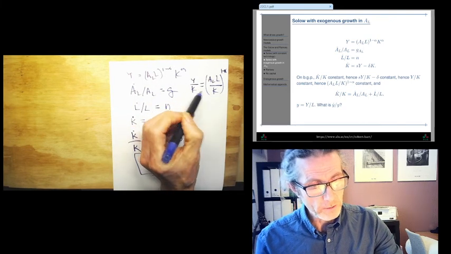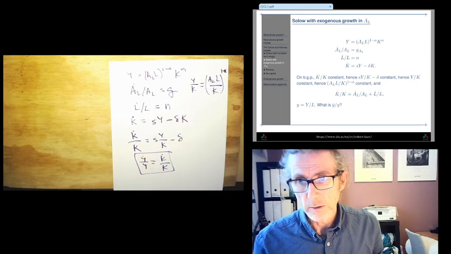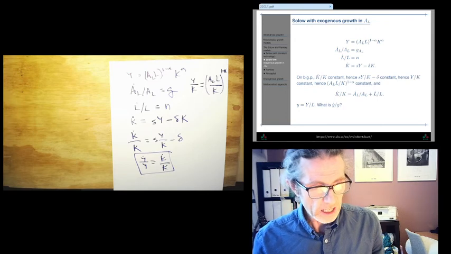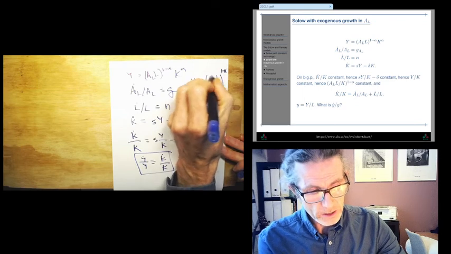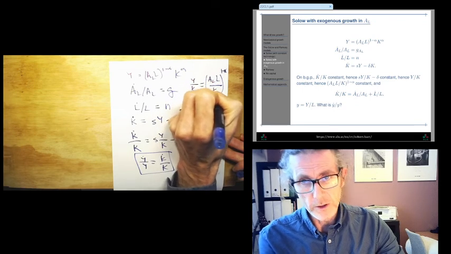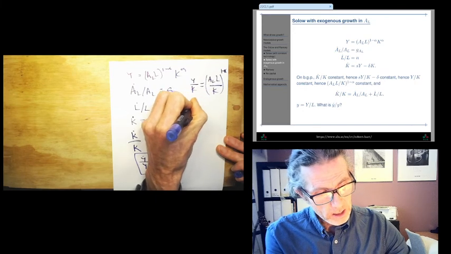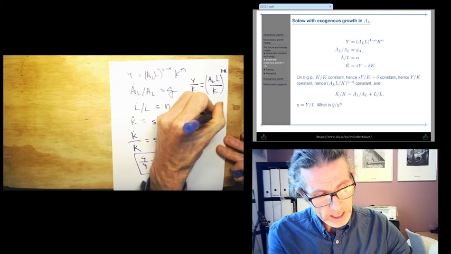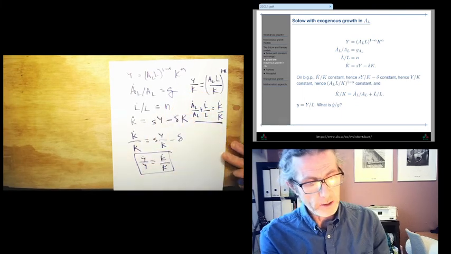So if y over k is constant, then AL over k must also be constant. And if AL over k is constant, that means that the growth rate of this must be equal to the growth rate of this, which means that AL dot over AL plus L dot over L must be equal to K dot over K. Okay.